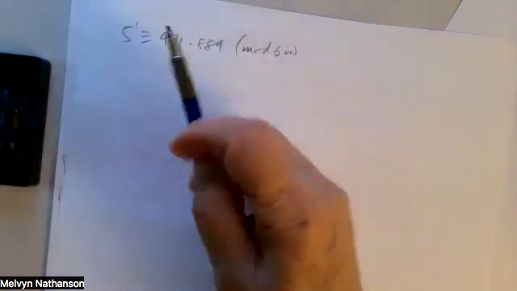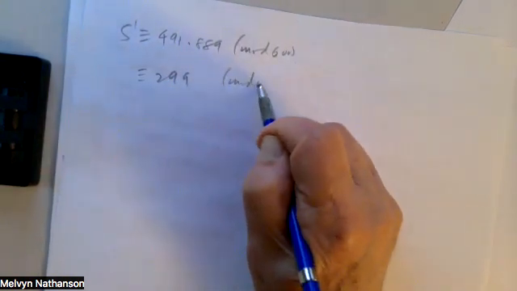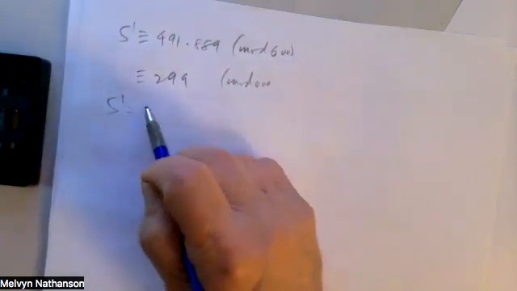Or I can open my computer to Maple or whatever is your favorite computer program and calculate what 491 times 889 is congruent to mod 600, and I get 299. So my S prime is 299.